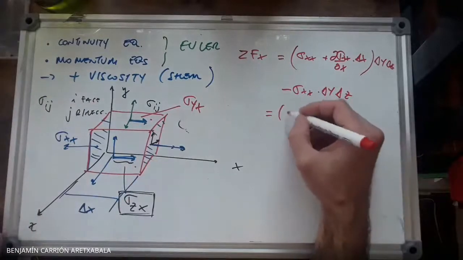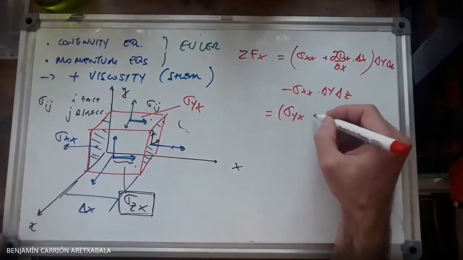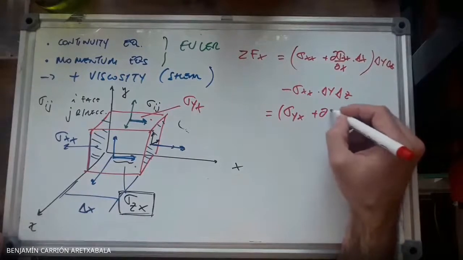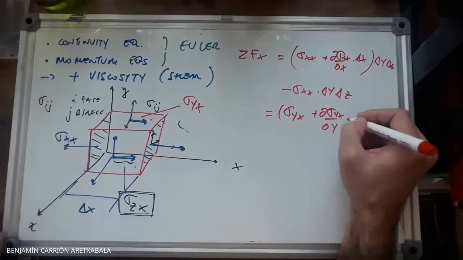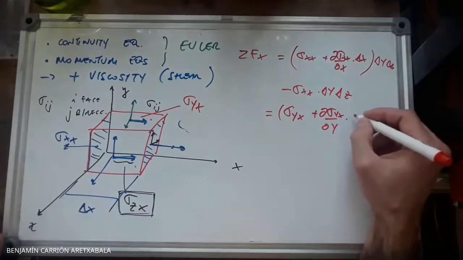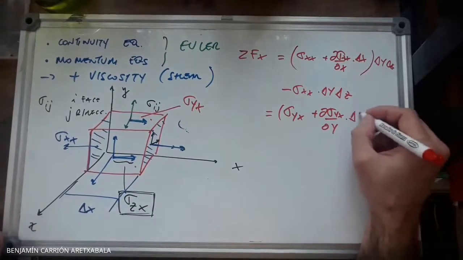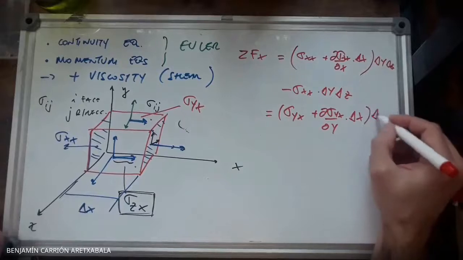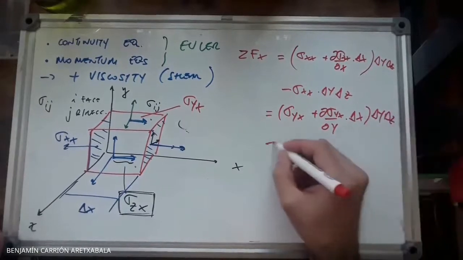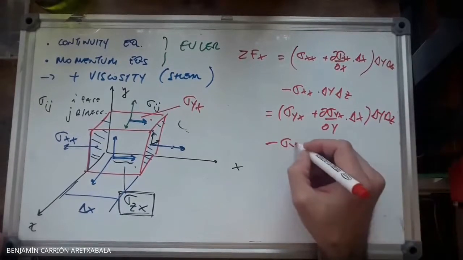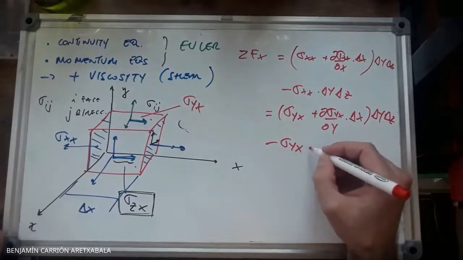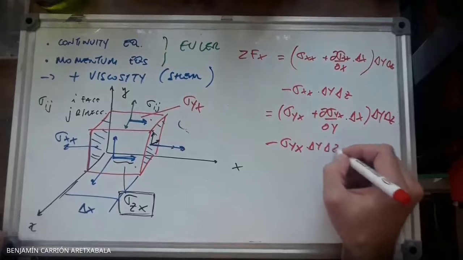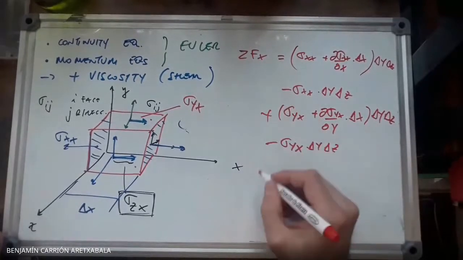You only have sigma yx plus the gradient of sigma yx over y in this case times delta x, delta y, delta z, minus similar stuff, minus sigma yx delta y delta z, sorry, this was plus.